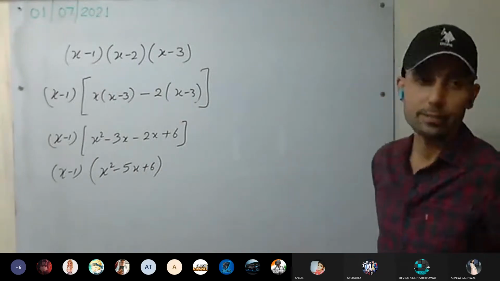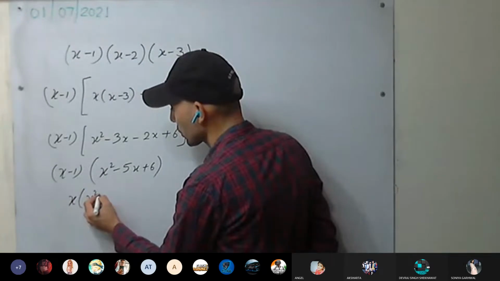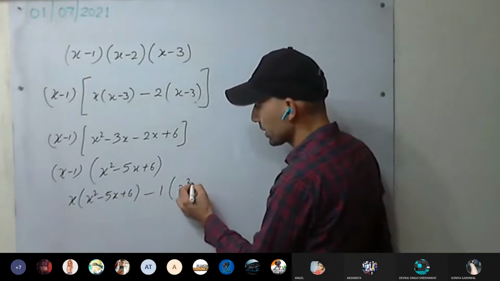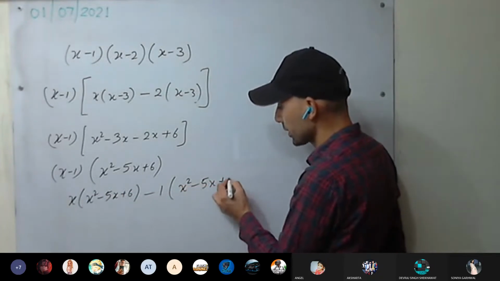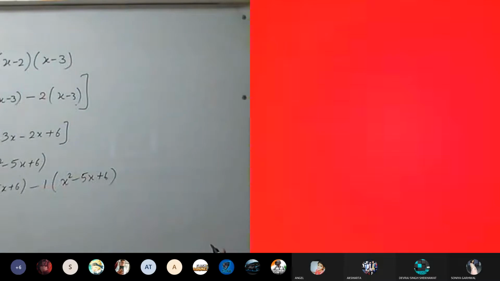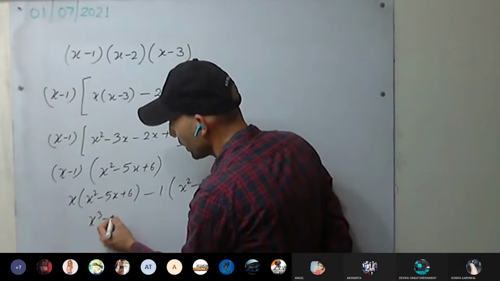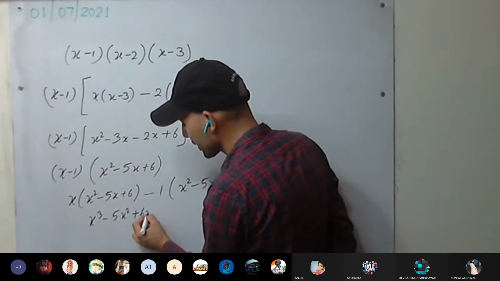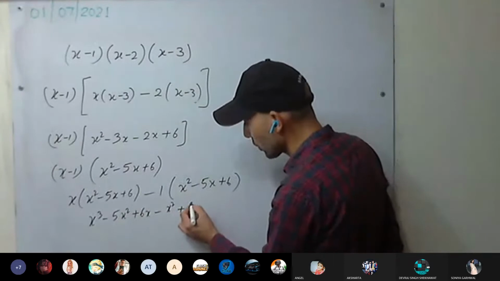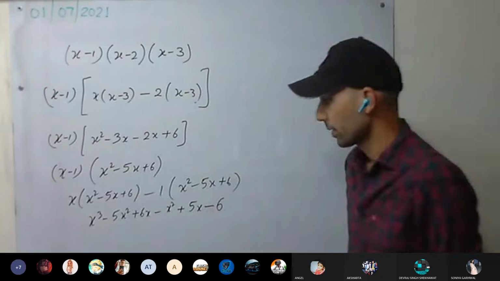Now again, open the bracket. x into x square minus 5x plus 6, minus 1 into x square minus 5x plus 6. Now solve them. x cube minus 5x square plus 6x minus x square plus 5x minus 6.